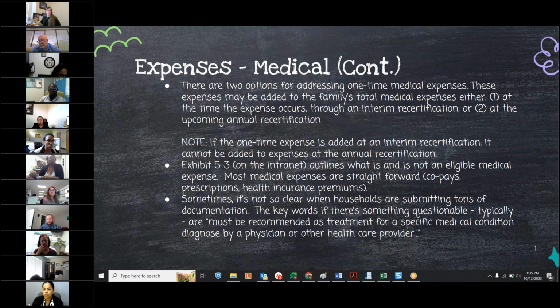Because I've told people no because they haven't paid. So generally, we definitely want receipts showing proof of payment, but if it is a payment plan for a past one-time thing, that we can include. Okay, my mistake.